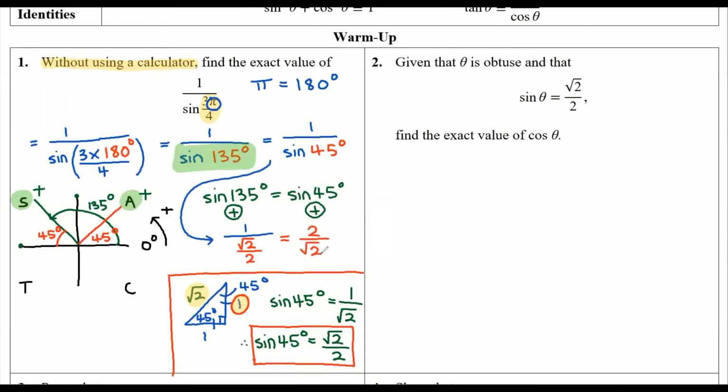And again, you can rationalize that if you want to, which is going to be 2 root 2 over 2, which is just root 2. Now, it probably would have been easier if I'd used this value here, because if you reciprocate that, you get the root 2 directly. But there we go. So the answer to this question, after all that deduction, is simply root 2.